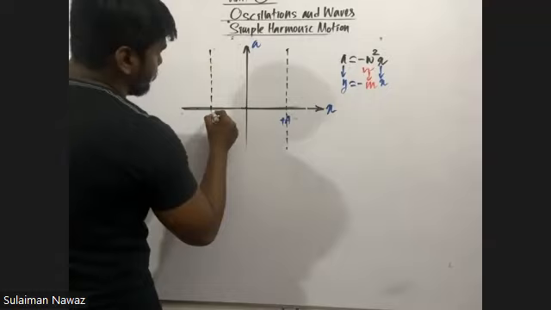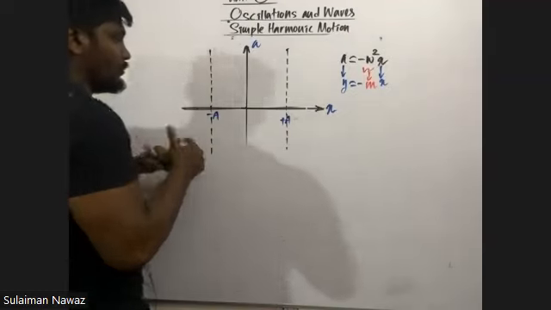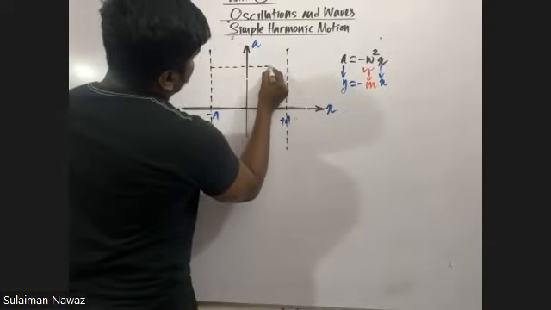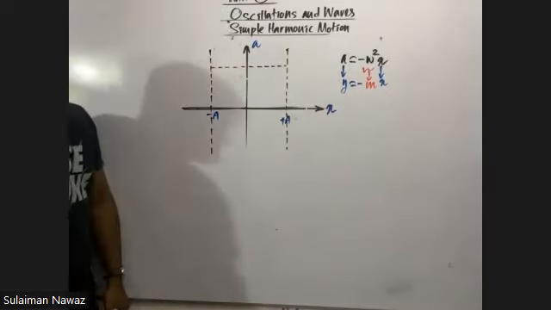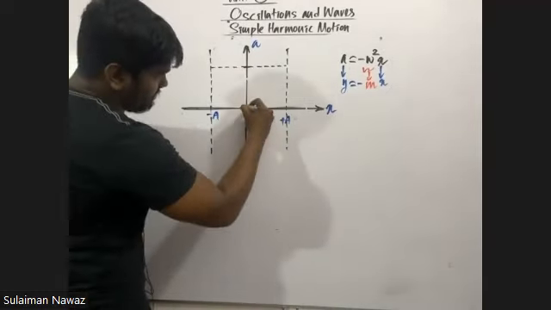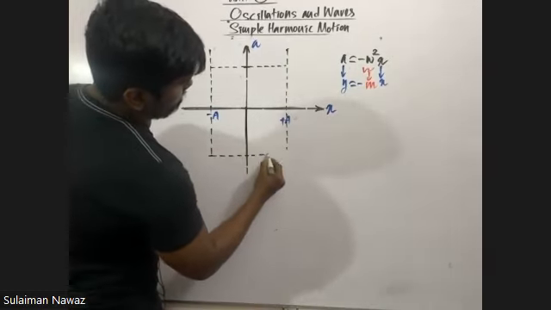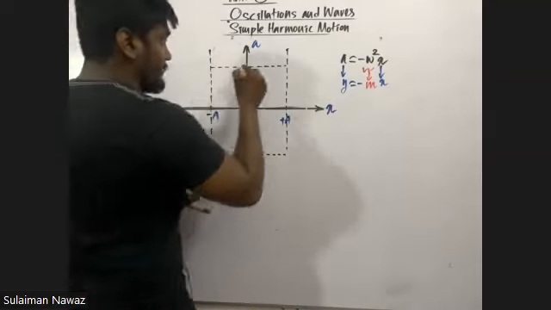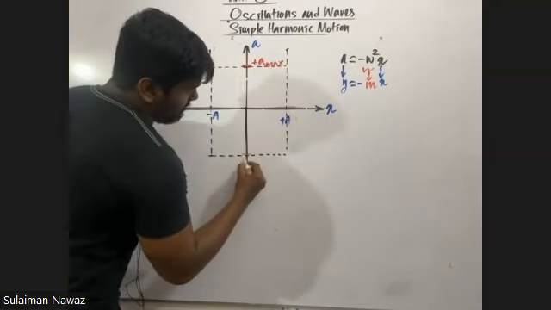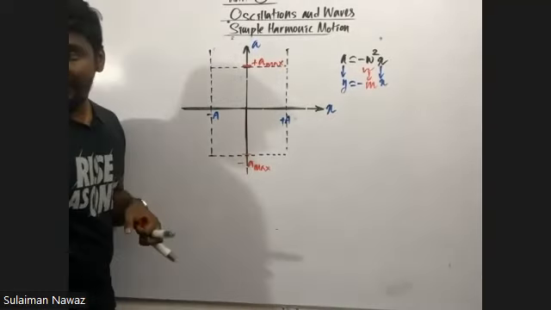Minus a, and y equals minus mx graph. So maximum acceleration is somewhere here. Minimum acceleration belongs to somewhere here. Acceleration maximum, a max, and a negative maximum acceleration, negative a max.